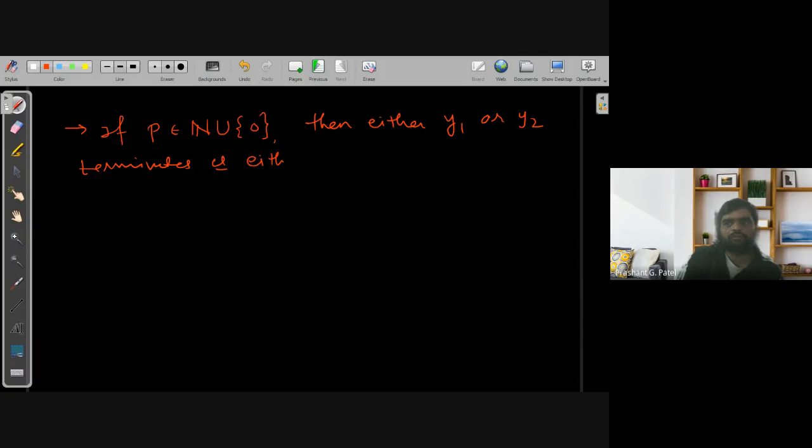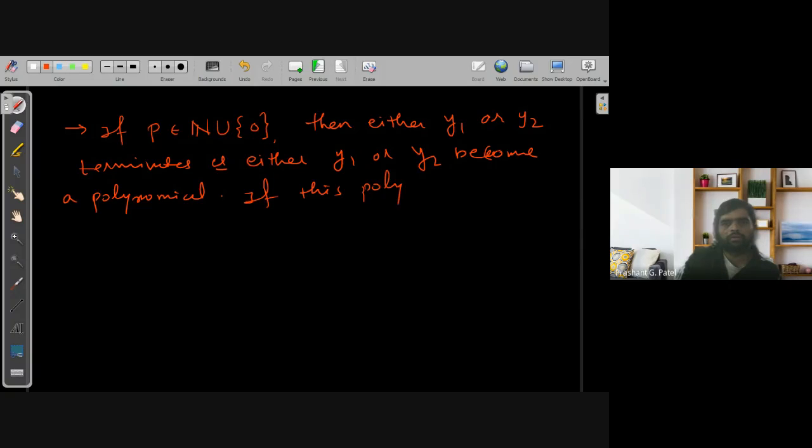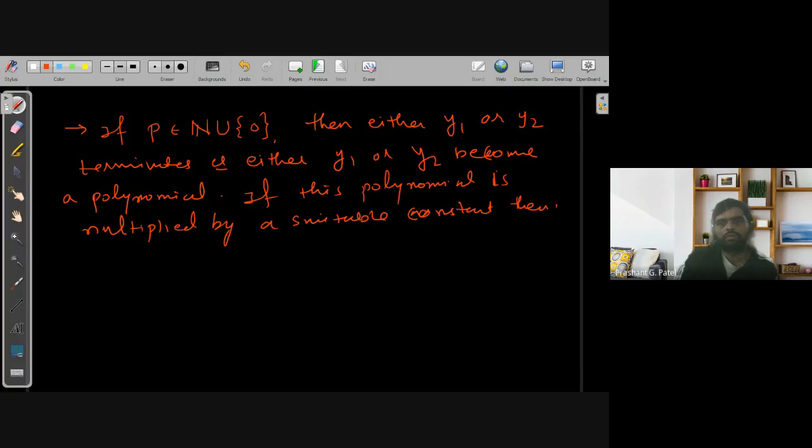That means either y1 or y2 becomes a polynomial, and if this polynomial is multiplied by a suitable constant, then it is said to be a Chebyshev polynomial. So this is actually the definition of Chebyshev polynomials.